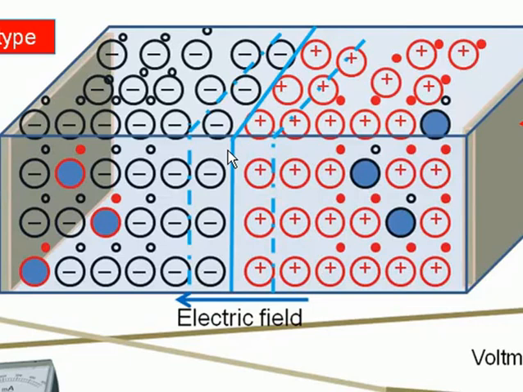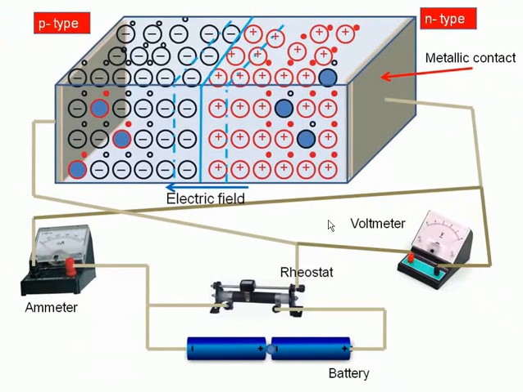So a 0.7 volt and 0.2 volt drop occurs in this p-n junction diode before the current flows, right? For example, if you have a 3 volt battery and you are using silicon, then the effective voltage will be 2.3 volt, which is applicable to flow the current in this particular circuit, right?